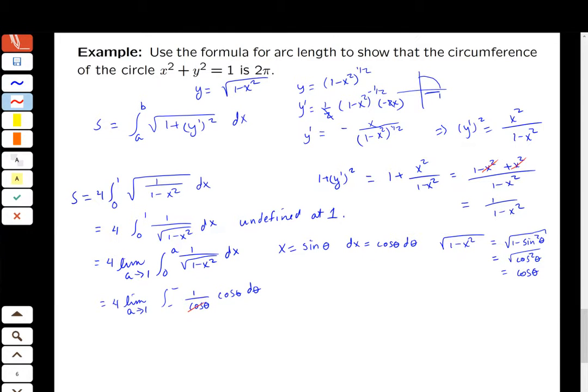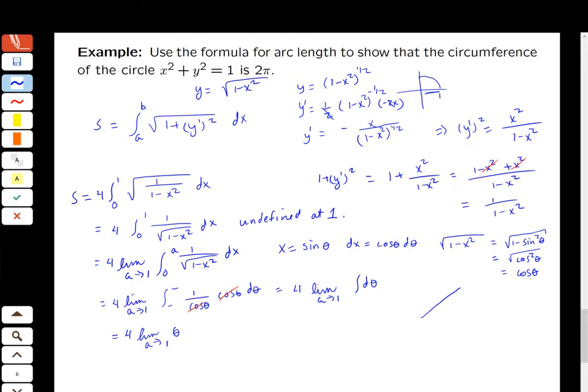Yeah, the cosine thetas. And I have the integral of d theta. What's the integral of d theta? Yeah, it's going to be theta. 4 times the limit as a goes to 1 of theta.